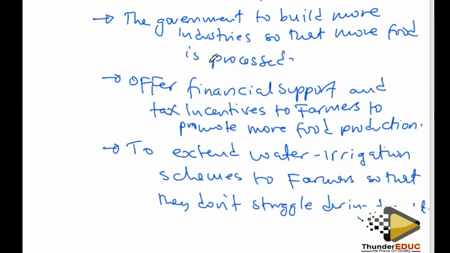and as well to extend water irrigation schemes to farmers so that they don't struggle during a drought, because we know there are seasons where the rain won't be enough. Therefore, it will be the responsibility of the government to see how best to extend irrigation schemes to areas where farmers will be experiencing drought.